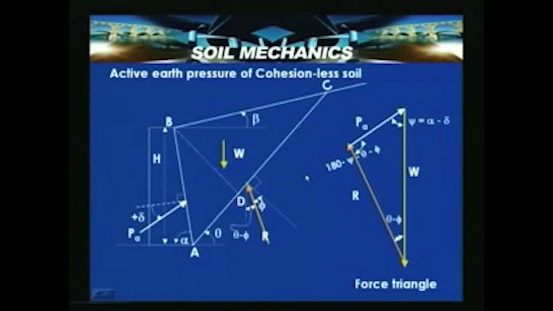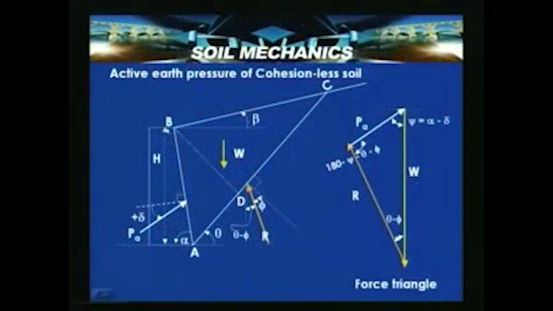Now, let us look into the analytical expressions derived by Coulomb for satisfying equilibrium conditions. Let us look first at the active earth pressure of cohesionless soil. Let us assume a wall of height h, where AB is the wall face which has friction.